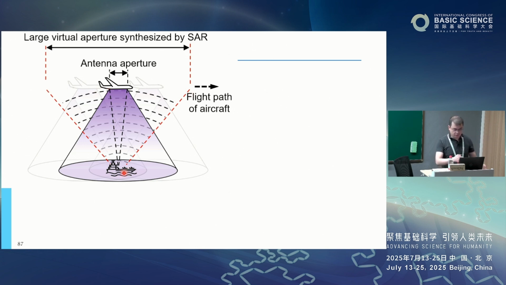For example, you are going to detect an airplane from another country, right? So you capture multiple images, and then you can synthesize a much larger aperture. This is the original aperture, which is very small. And after you fly across the object, you can synthesize a much larger aperture with much higher resolution.